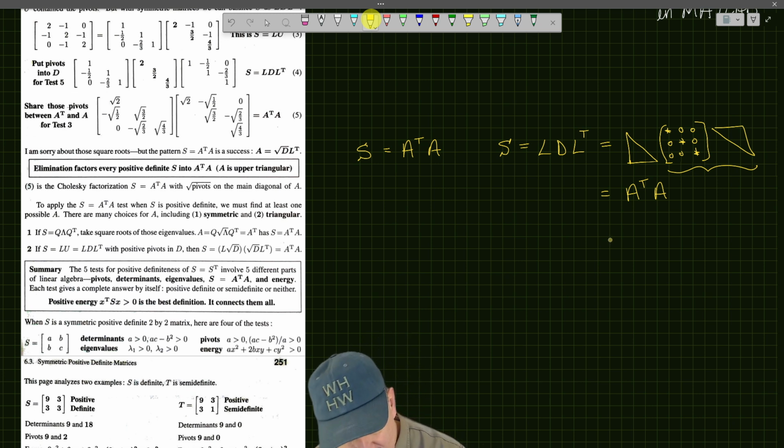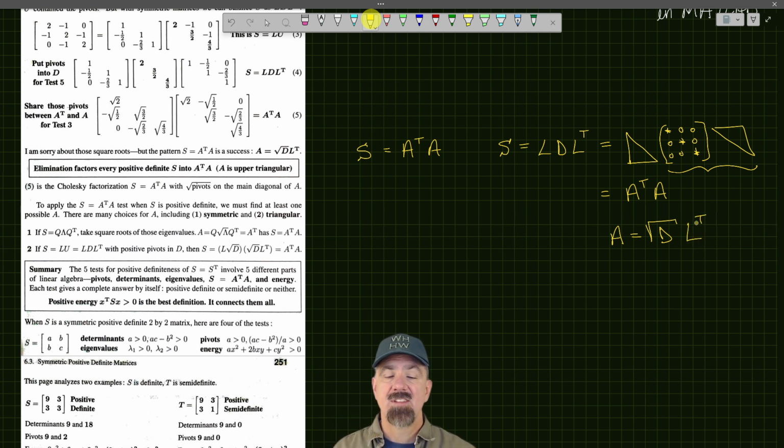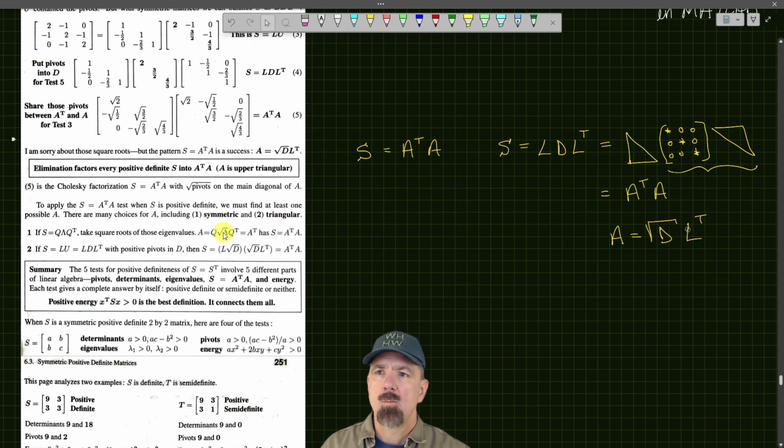Specifically, and you can read through, he tells us this is the square root of D times L transpose, where the square root of the diagonal matrix is nothing more than the square root of all the entries in the diagonal matrix. So let's go back.